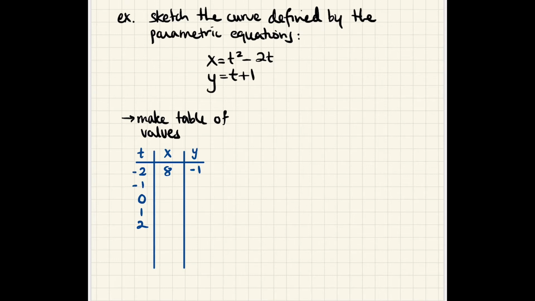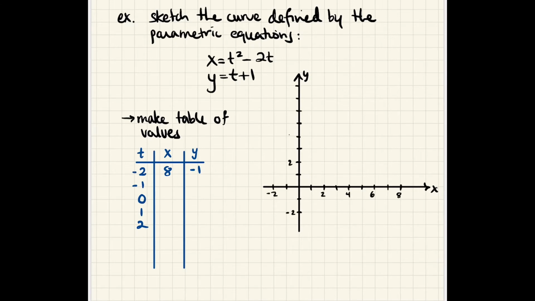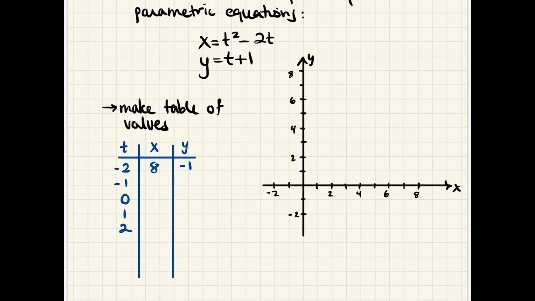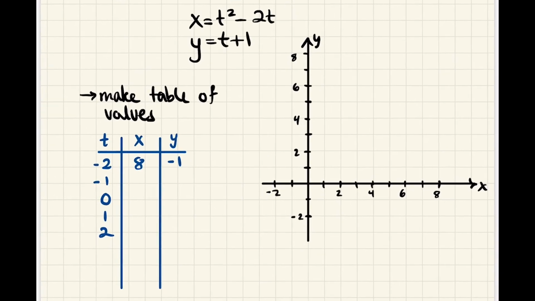So we can actually sketch this point. So let's draw some axes and do that. So at t equal -2, our point is at (8, -1), so right here.